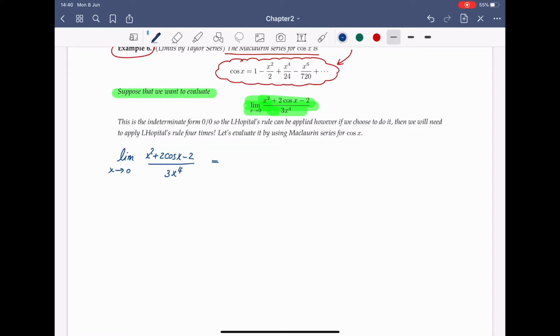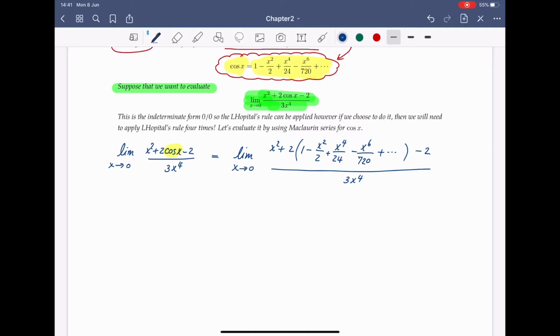This thing is the limit of x squared plus 2 times, I am going to replace my cosine x by this series: 1 minus x squared over 2 plus x to the 4th power over 24 minus x to the 6th power over 720 plus dot dot dot, and then minus 2, and then over 3 times x to the 4th power where x goes to 0.